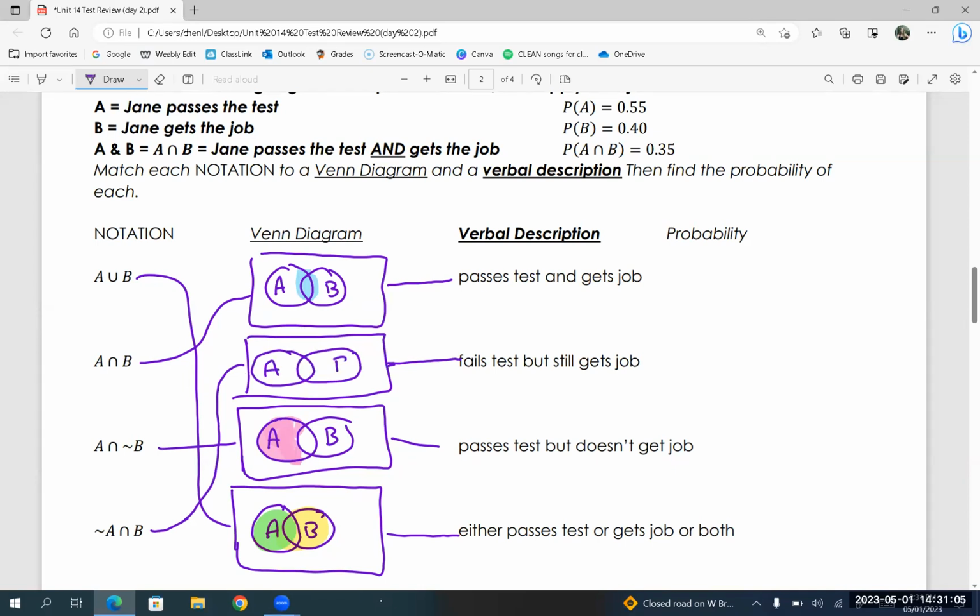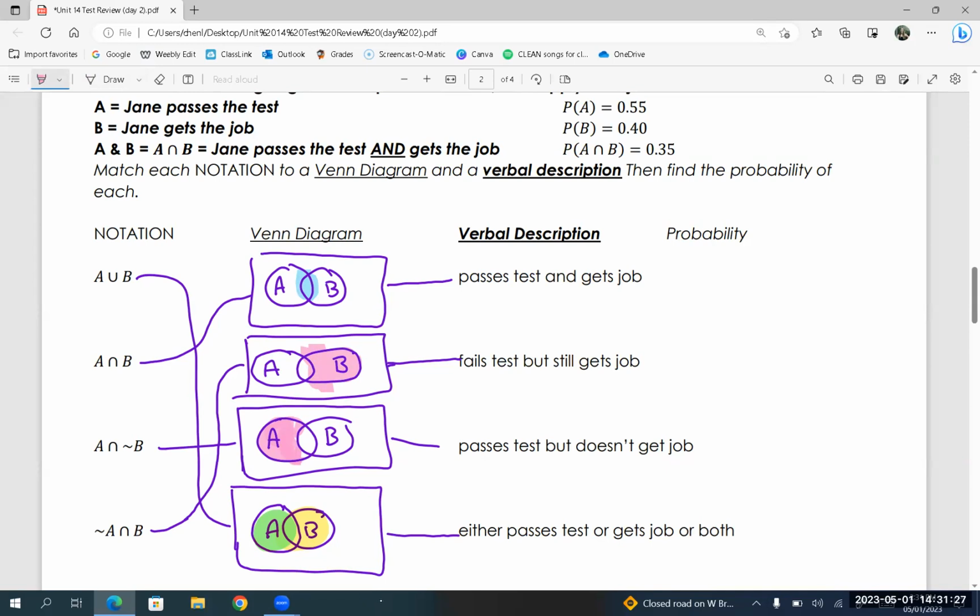So we have circle A, circle B. We want nothing in A and things only in B. That would be everything over here. So nothing in the intersection. Okay, you get the idea. Nothing in the intersection, just things in circle B.